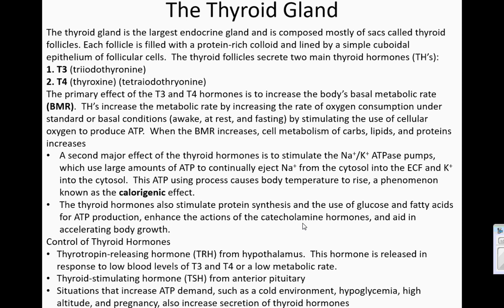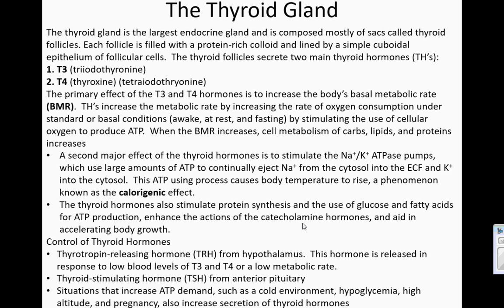The second major effect of the thyroid hormones is to stimulate the sodium-potassium ATPase pumps, which utilize ATP, as we know, pumping sodium and potassium against their concentration gradient. And we know that anytime we're performing chemical reactions like that, heat is produced as a byproduct.